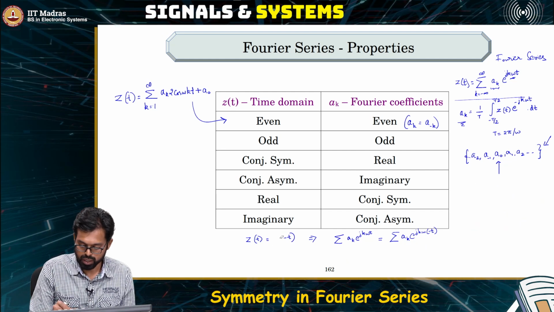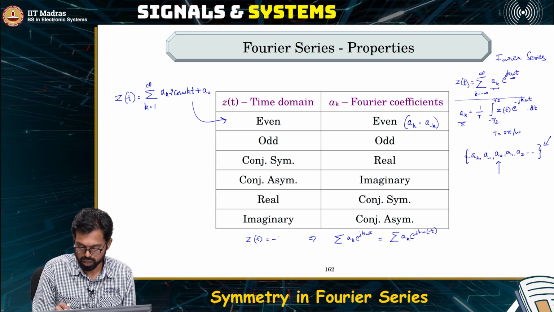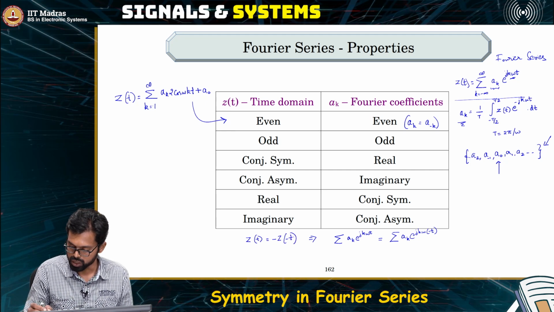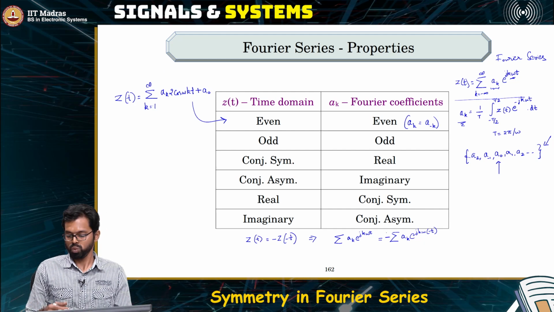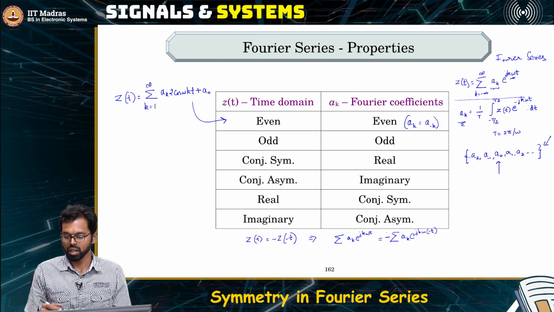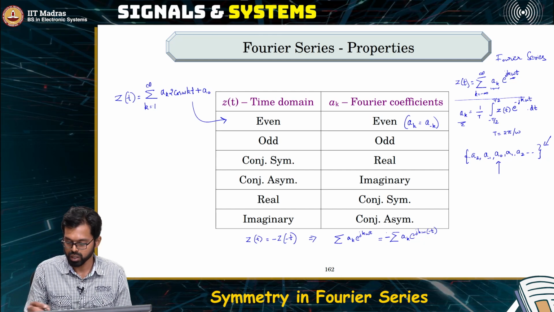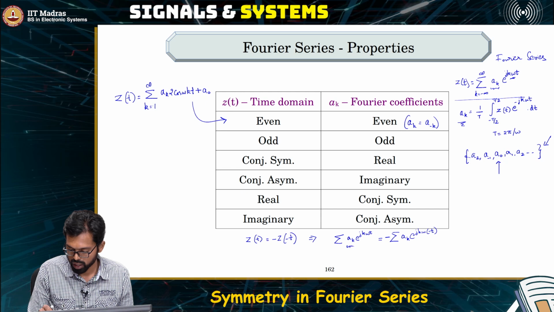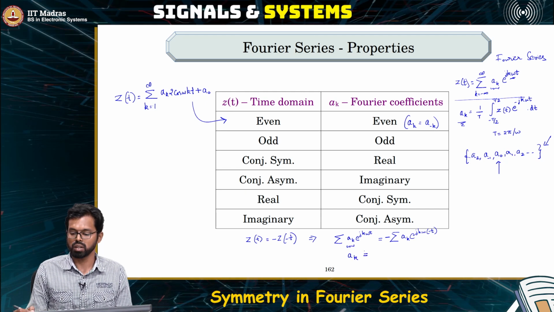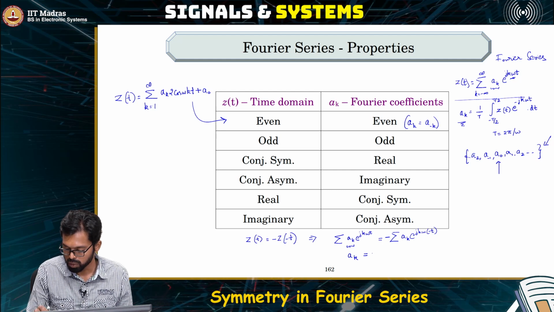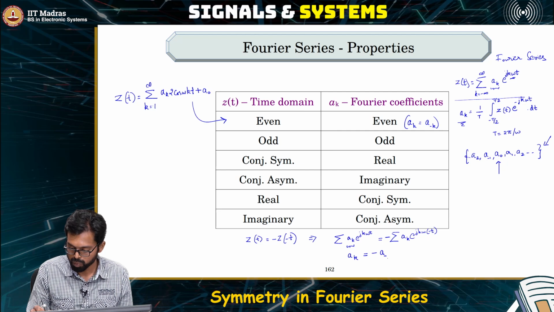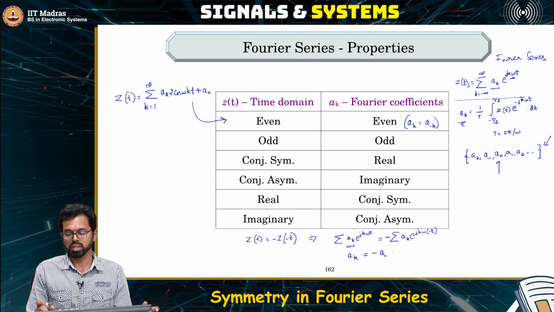So for an odd signal, we have z of t equal to minus z of minus t, once again, which means now we'll compare the coefficients directly on the left hand side and the right hand side. Comparing the coefficients, what do you see? You see that the ak here is in fact equal to minus of a minus k. Why is that?